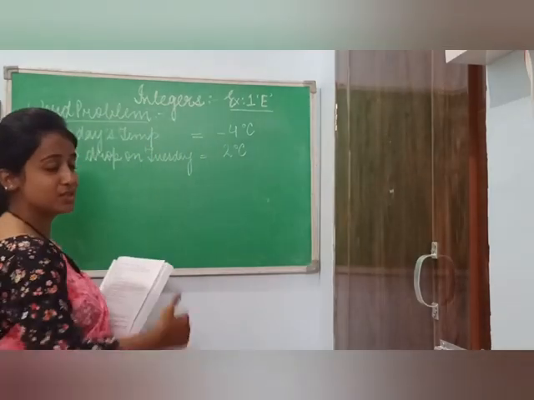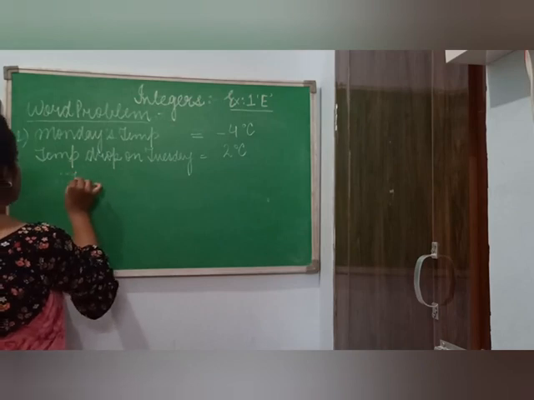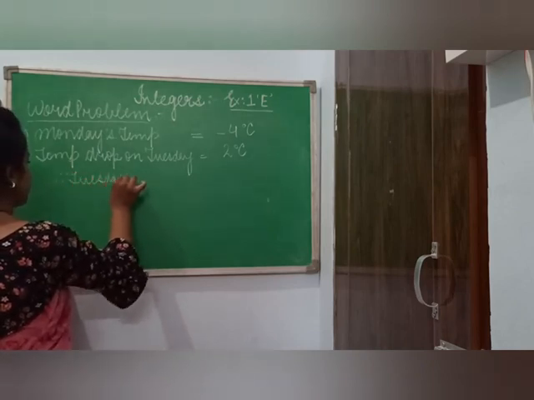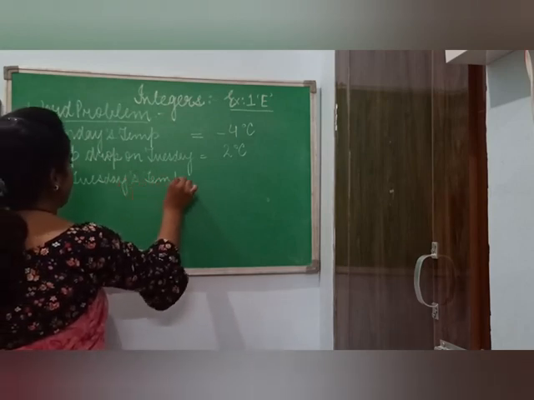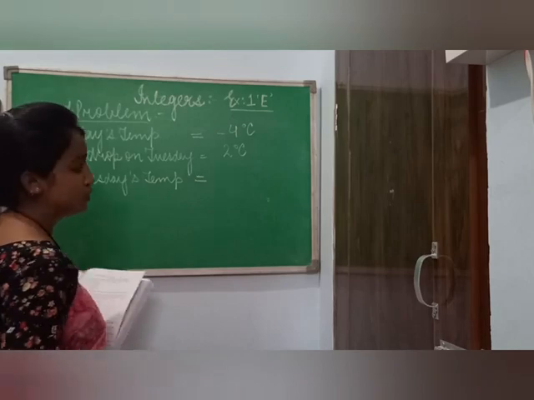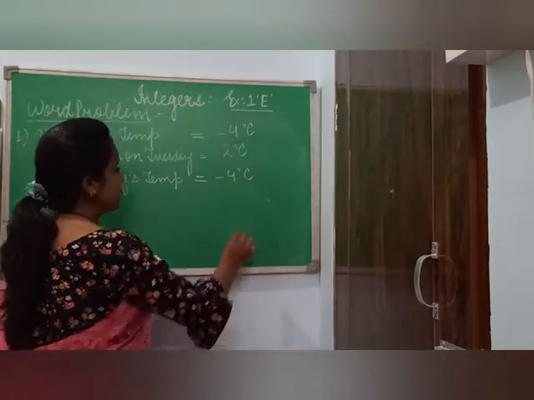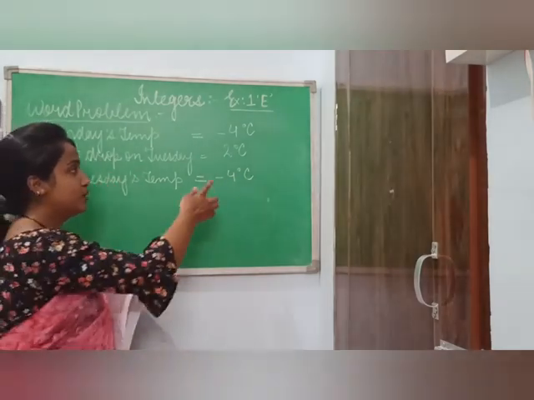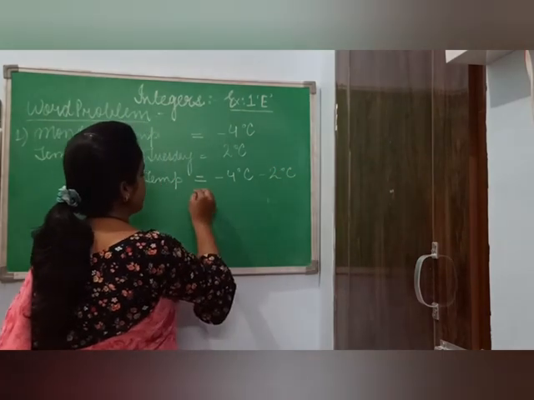On Tuesday the temperature decreases by 2 degrees centigrade. Therefore, Tuesday's temperature will be minus 4 degrees centigrade, and then it is dropped by 2 degrees centigrade, so minus 2 degrees centigrade.